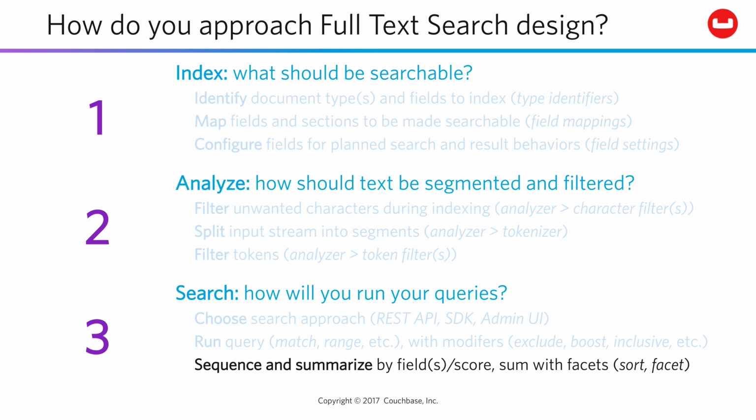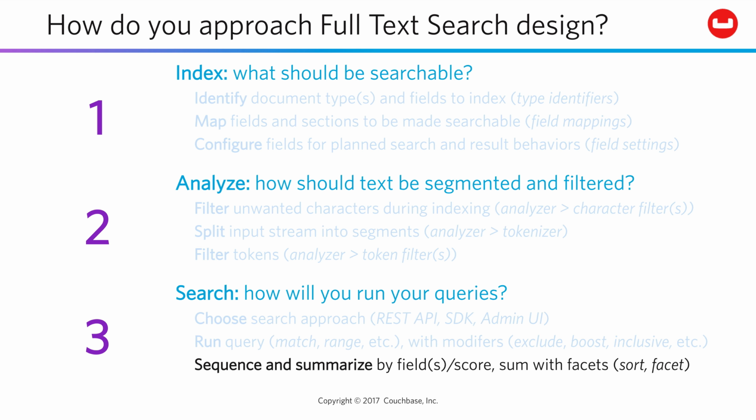Last, you'll determine whether the default sort order works for you and if you want your data faceted or have group statistics gathered in some manner. In the end, you get back a JSON document full of sorted results, again also known as hits, with robust supporting data including facets. In the lessons ahead, we'll be learning how to do all of the above using Couchbase full-text search.